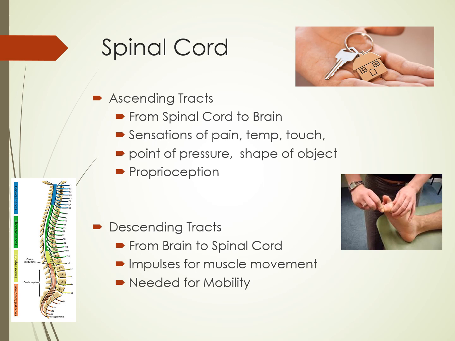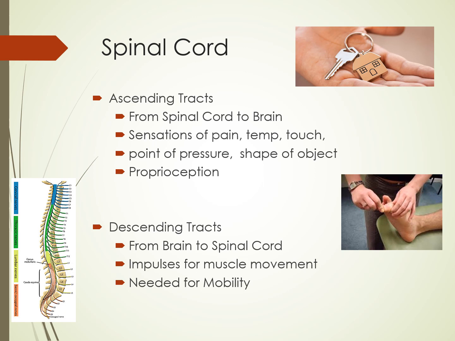And that is how the body knows where it is in space. And you can see a picture down in the kind of mid-lower right, and they are manipulating that large toe. So someone without proprioception wouldn't know that that toe has been bent, or wouldn't know that the foot has been moved.